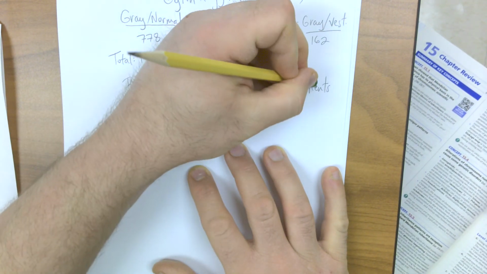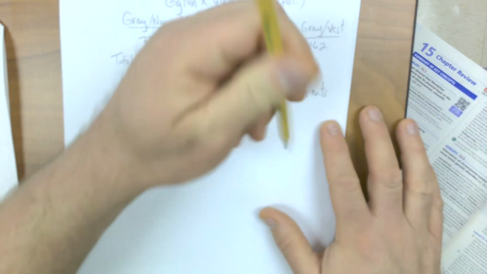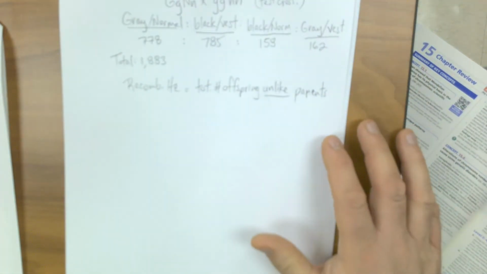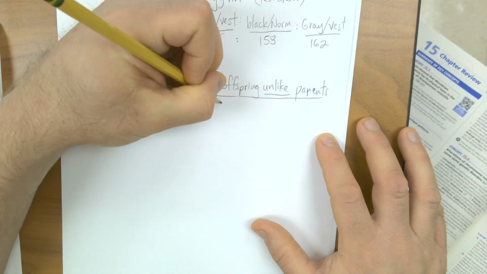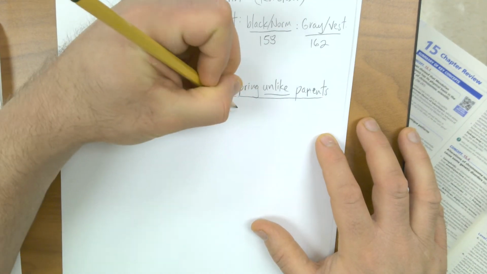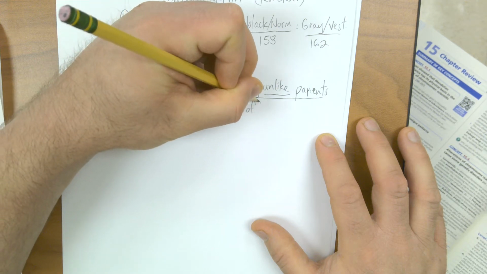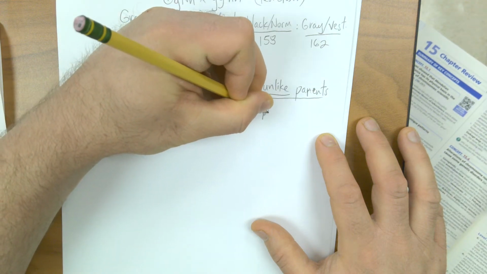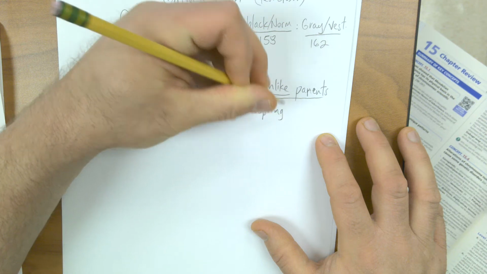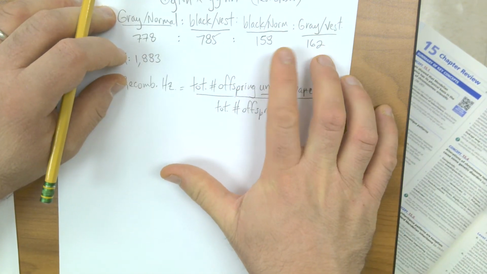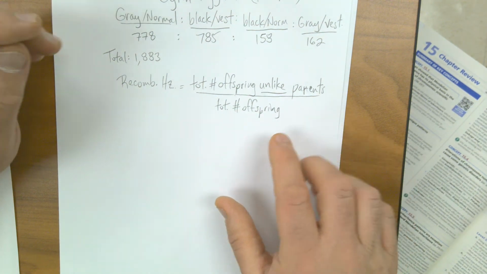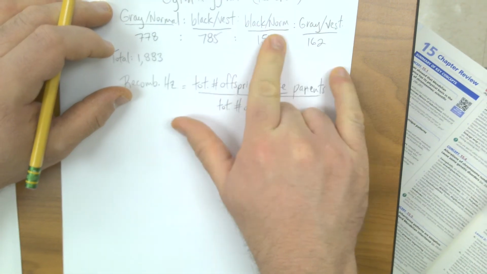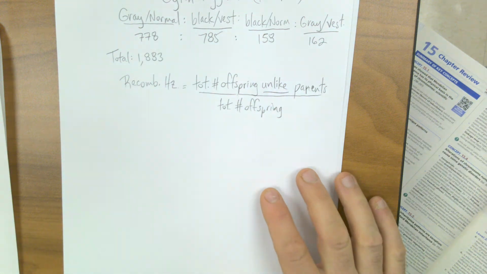This is a bad attempt at an R. Okay, so it's the total number of offspring unlike their parents, and you divide that by just the total number of offspring. So again, how often is recombination happening? How often are these genes getting swapped around between chromosomes? It's the number of offspring that are unlike the parents divided by the total number of offspring.